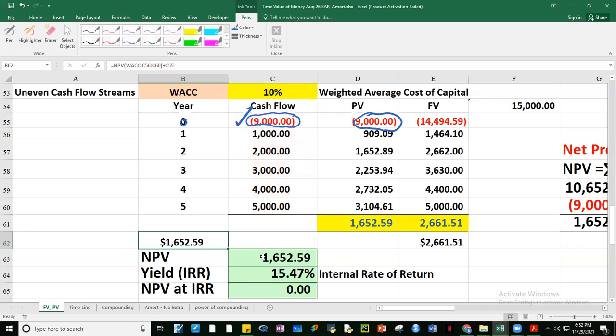Okay, control enter, and we get 1,652.59. Tama na. Okay, pause muna ako, guys. Clear ba yung NPV, yung net present value? How to use Excel in order to compute for the net present value? Dapat, guys, ang gagamitin natin yung pag highlight natin yung mga cash flows, mga values, dapat yung value that starts with year 1. Tapos i-add back na lang natin yung year 0.